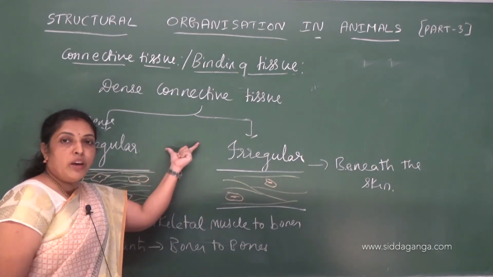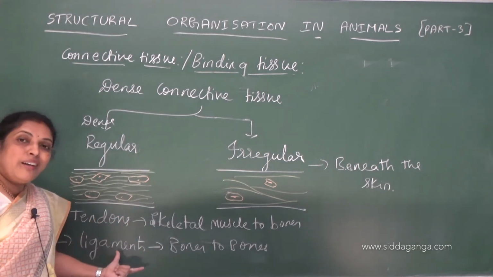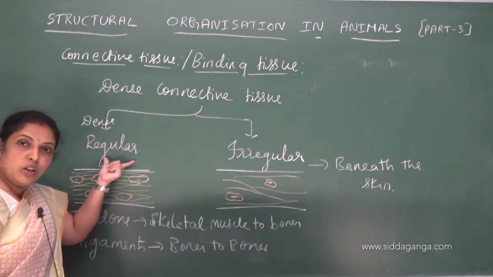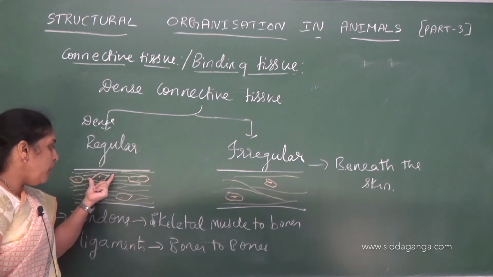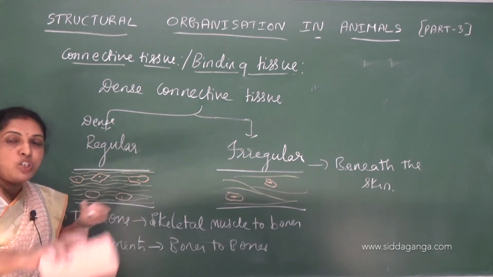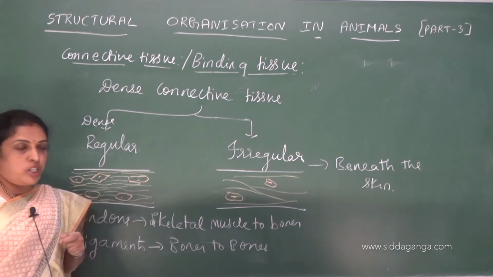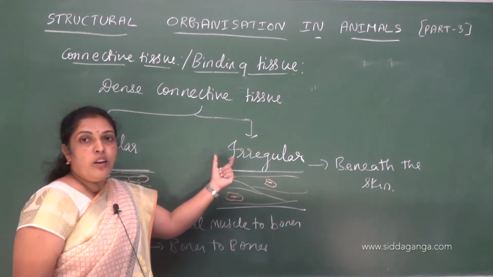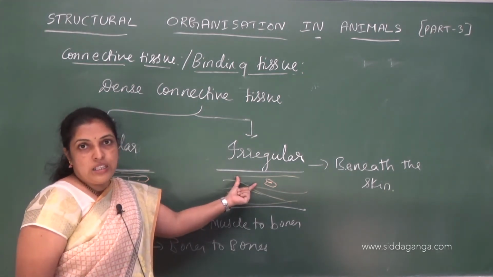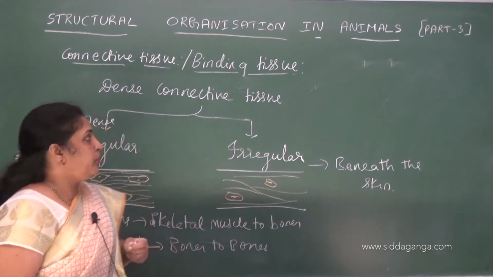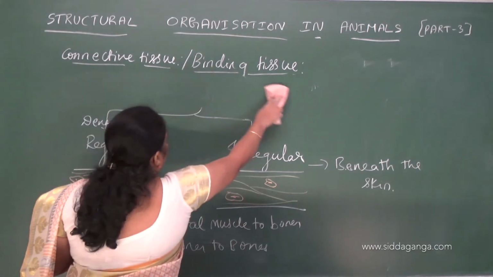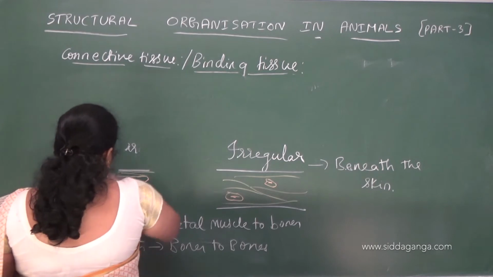Remember that tendons and ligaments come under dense regular connective tissue, where the fibroblasts and fibers are arranged with a proper orientation. Understood? In the irregular type, haphazardly arranged cells and fibers are seen.